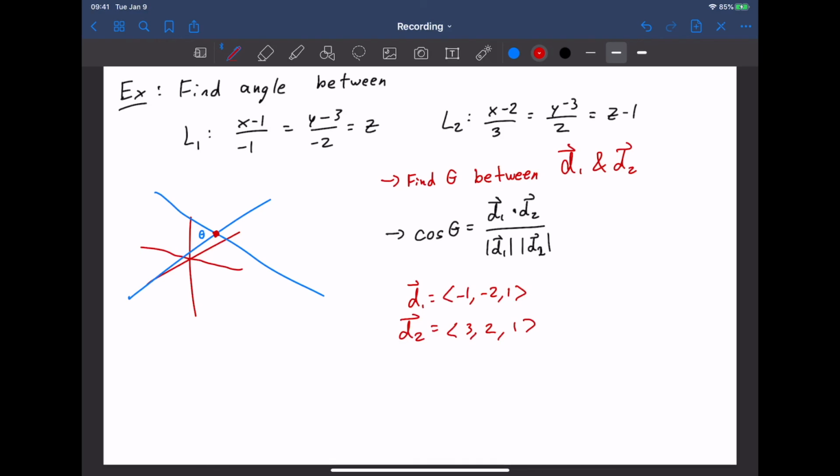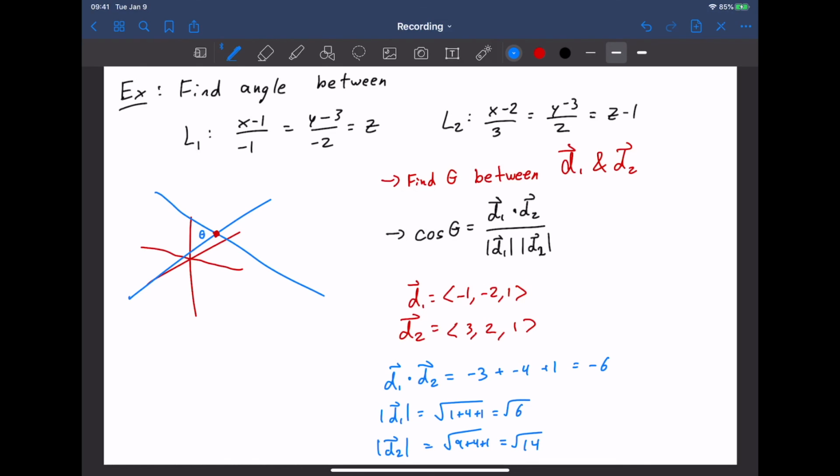Okay. So this means the dot product here is negative 3 plus negative 4 plus 1. I think I'm talking about negative 6. The magnitude of D1 should be the root of 1 plus 4 plus 1, root 6. The magnitude of D2 is 9 plus 4 plus 1, or root 14.